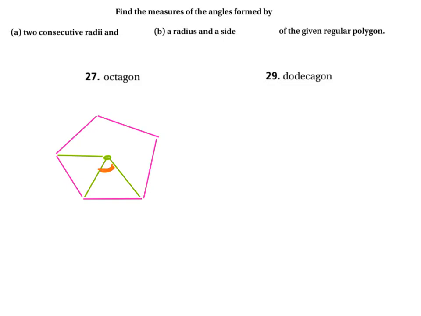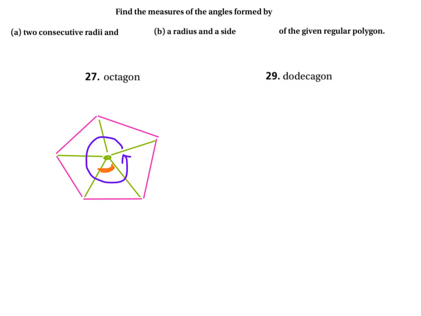So for this one, which happens to be a pentagon, you will divide that 360-degree rotation, because remember, from here all the way around back to there is 360 degrees. Since it's a regular polygon, those five angles will split that 360 degrees equally.